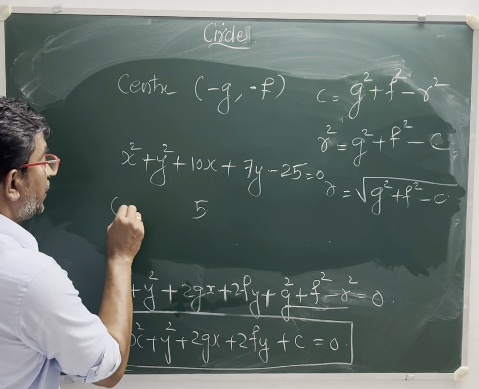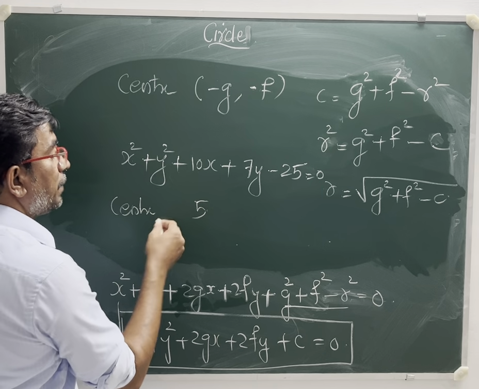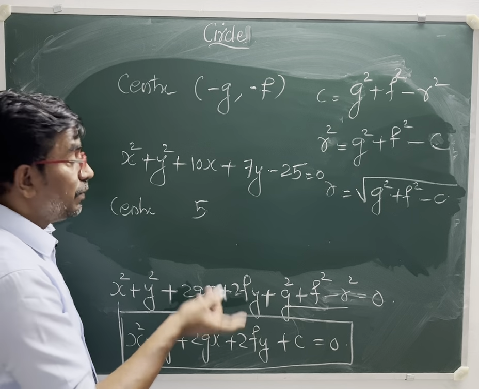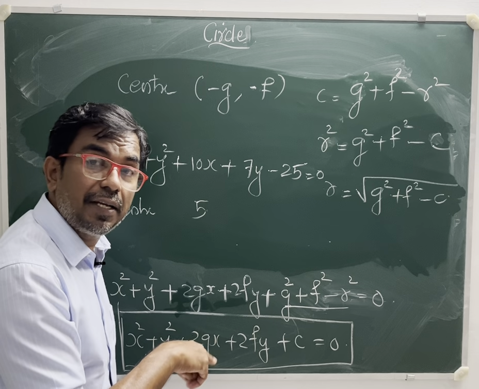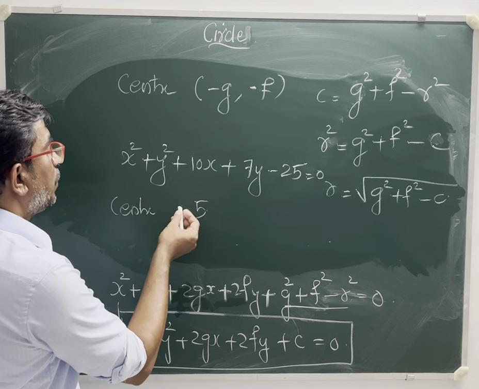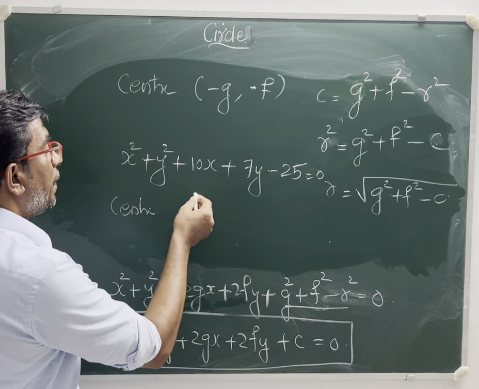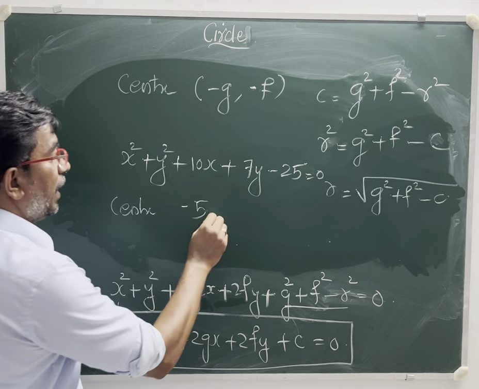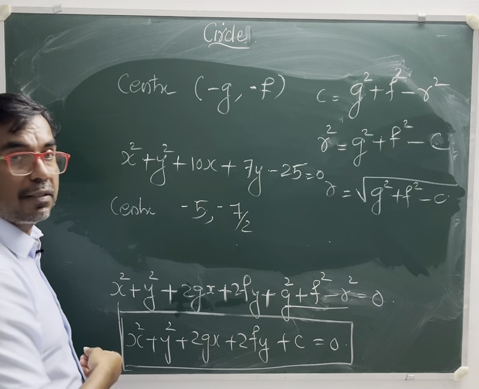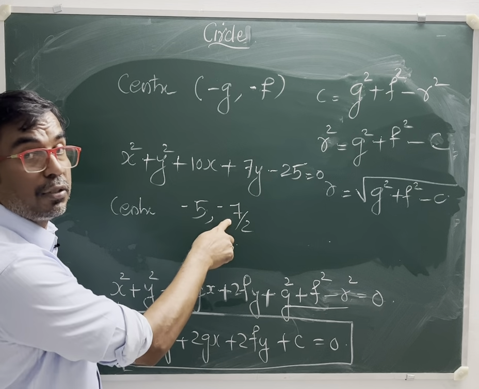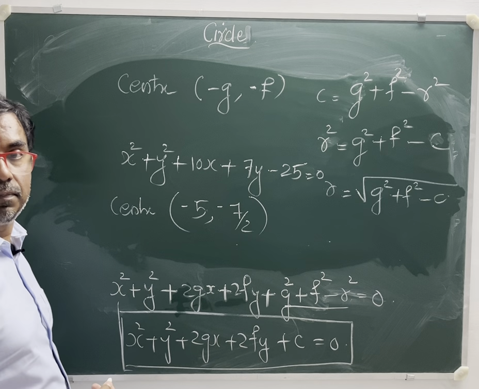But you know the center should have the opposite sign, minus g comma minus f. That means the opposite sign. If it is positive, minus. If it is negative, you have to make it positive. So this will become minus 5, and this one's half is 7 by 2. This is positive, I have to put minus. Suppose they are negative, I will put positive. So this will be the center.